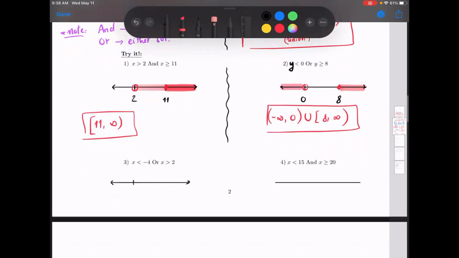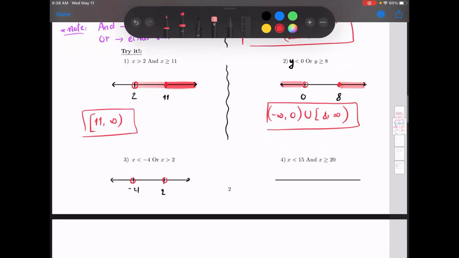So I have negative 4 and then 2. X is less than negative 4, hollow for both, less than, so from negative infinity up to 4. And then X is greater than 2. Oh, darn it, I think I messed up the question. Give me a second.